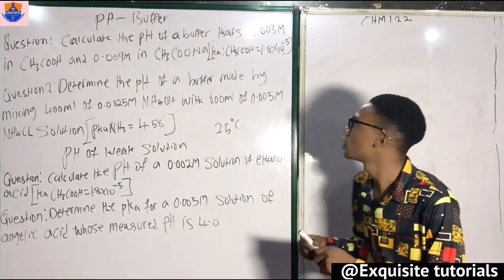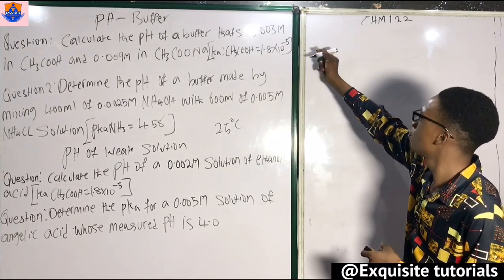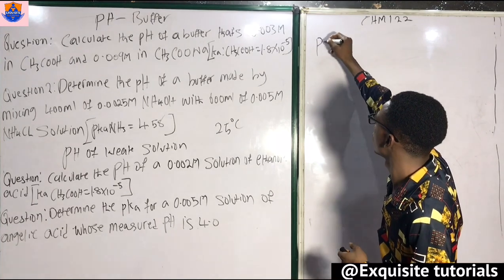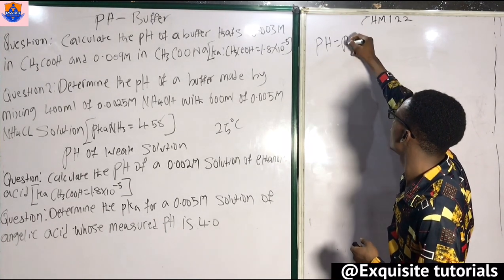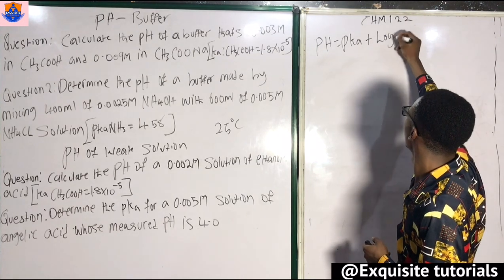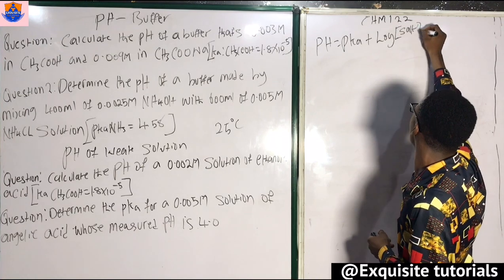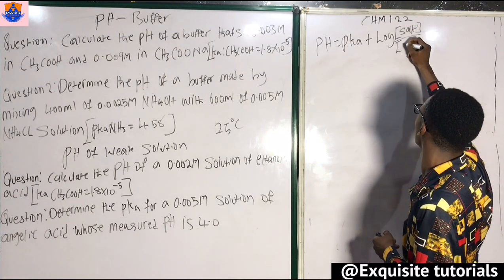Now recall that pH, they gave us the Ka. Remember that pH is equal to pKa plus log concentration of salt over the concentration of acid.